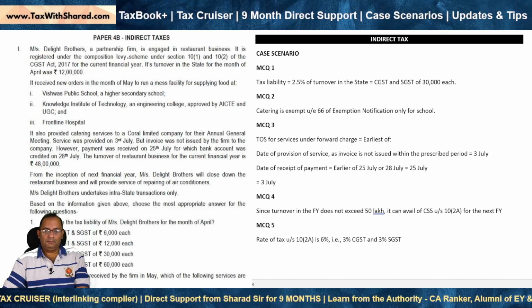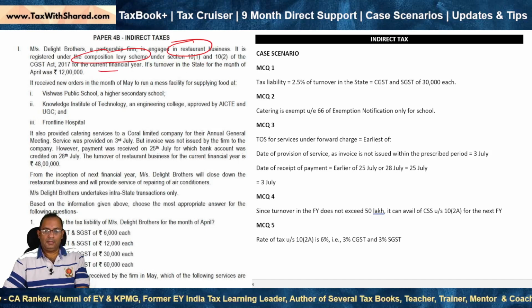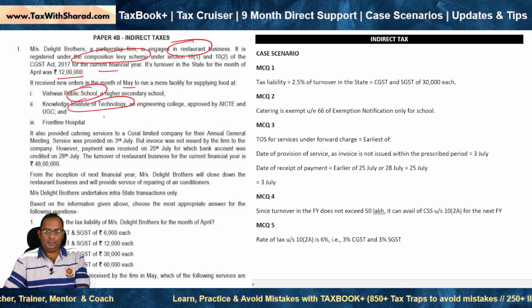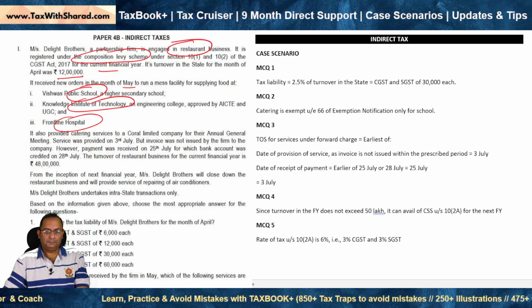Messrs. Delight Brothers, a partnership firm, is engaged in restaurant business. It is registered under the composition levy scheme under section 10(1) and 10(2). For the current financial year, its turnover in the state for the month of April was 12 lakh. It received new orders in the month of May to run a mess facility for supplying food at a school, an institute of technology, and a hospital.